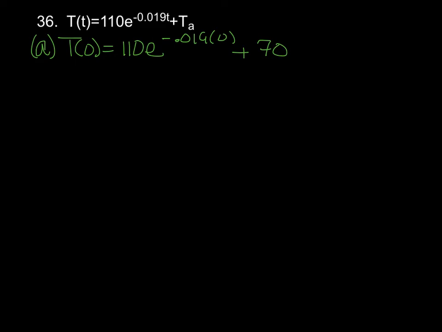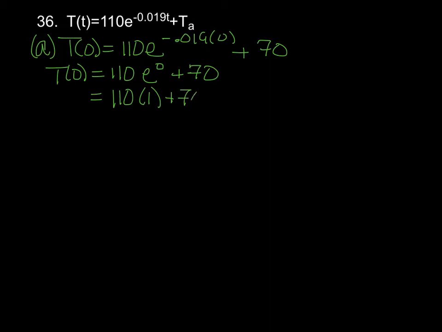All right, so we have T sub 0 equals 110 e, anything times 0 is obviously 0, so that would just be e to the 0 power, and hopefully you remember anything to the 0 power is 1. So this just becomes 110 times 1 plus 70, and that would be our T sub 0. So then T sub 0 is going to be 180 degrees Fahrenheit.